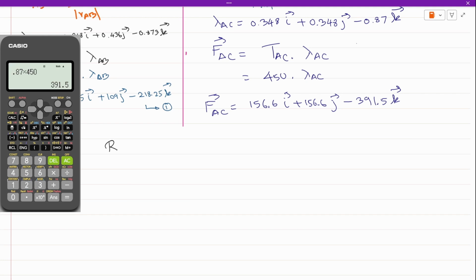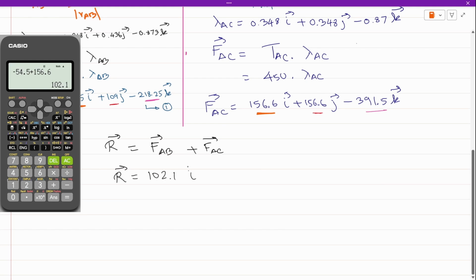The resultant of these forces, R vector, will be the summation of FAB plus FAC. I am going to add the I components of these two, J components of these two, and K components of these two. Minus 54.5 I vector plus 156.6, totally we are getting 102.1 I vector.